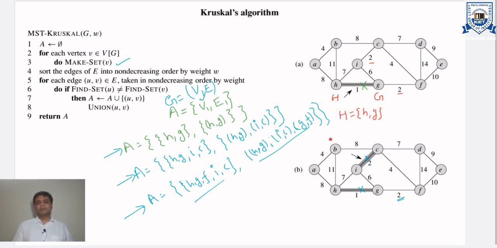So after selecting this edge, now node H and node G become a single set.